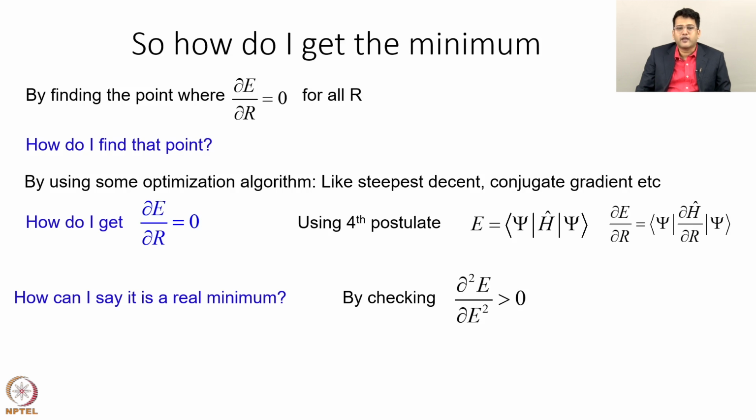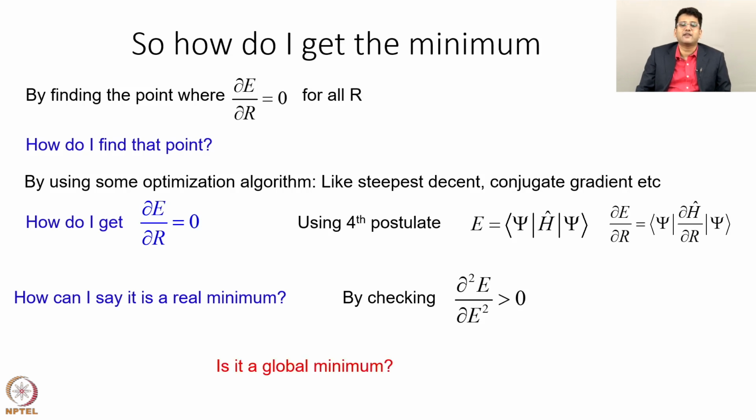We will discuss the IR frequencies more later, but the trick is to check that if the point is a real minima, then at that point the Hessian, in this case the IR frequencies, will all be positive. That is the check to say that it is a real minima. If one of them is negative, then that is a transition state. If more than one is negative, then it is a higher order saddle point.